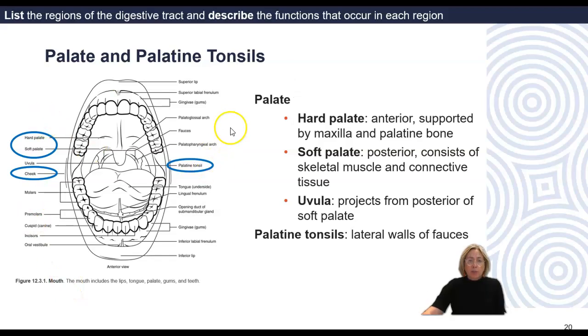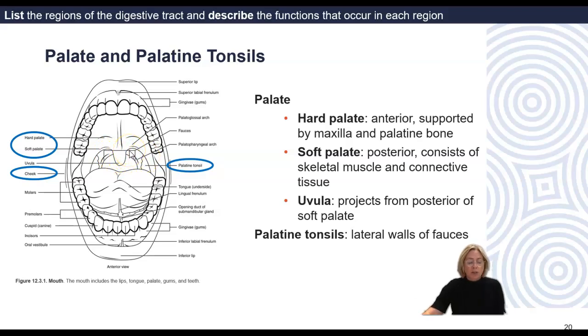Moving on then to the palate and the palatine tonsils. The palate itself has two components. Anteriorly, we have this bony, hard palate, which is supported by the maxilla and the palatine bone. And then posteriorly, we have a non-bony palate called the soft palate. And it consists of skeletal muscle and connective tissue. And you can see here the uvula or the grape, which projects from the posterior of the soft palate.